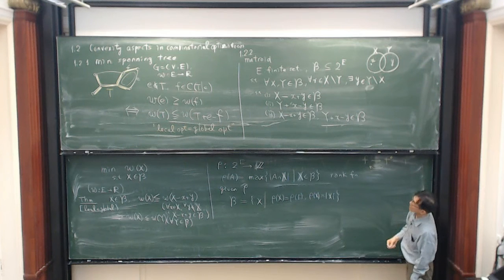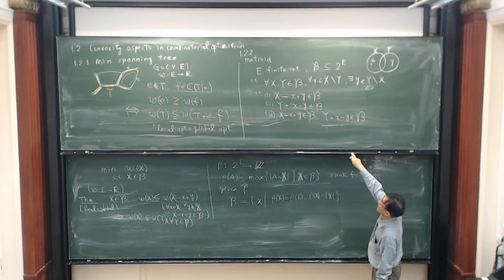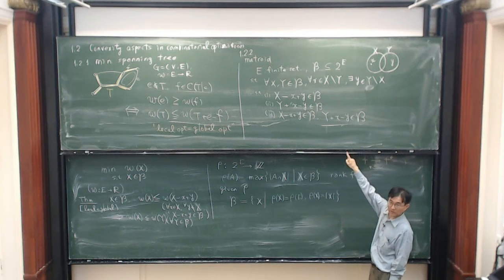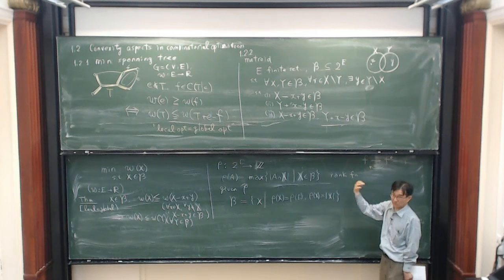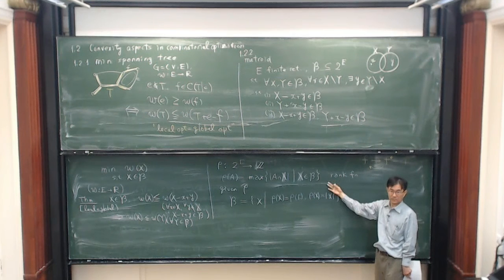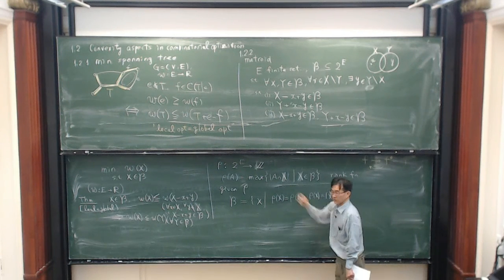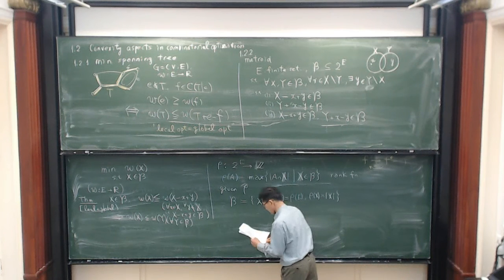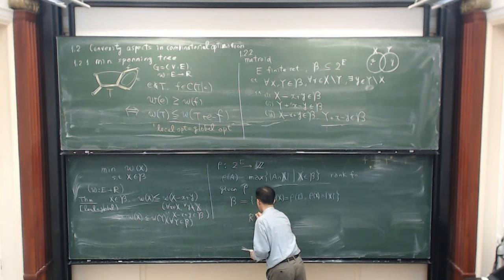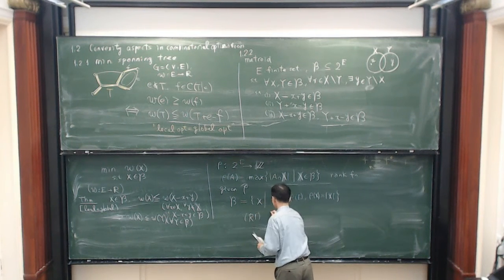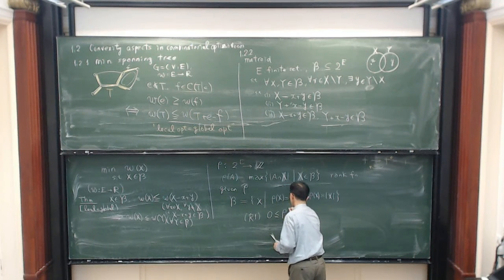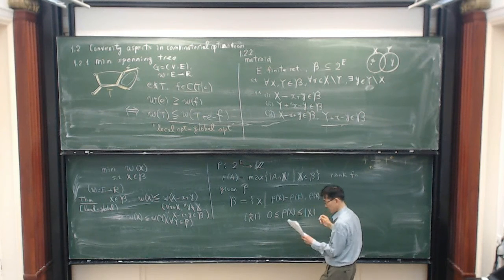And the family B has some property, the exchange property. That property must be expressed in terms of rank. Then it is known that the rank function has the following properties. One is that the rank function is non-negative, of course, and bounded by the cardinality.